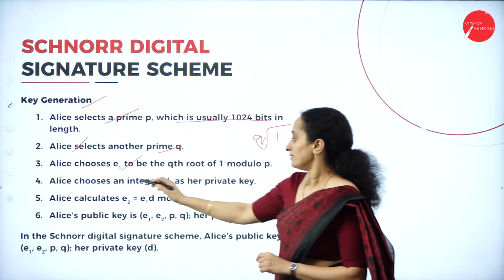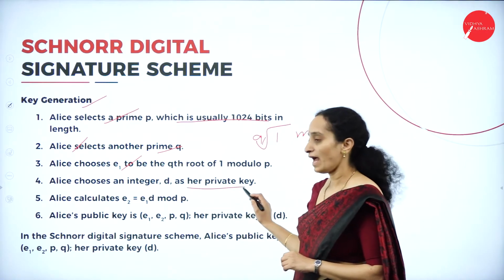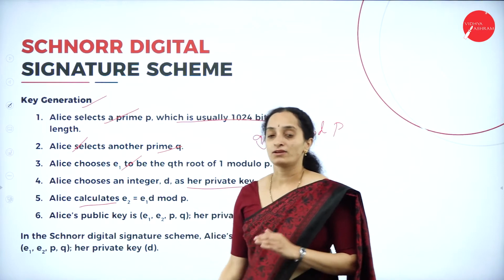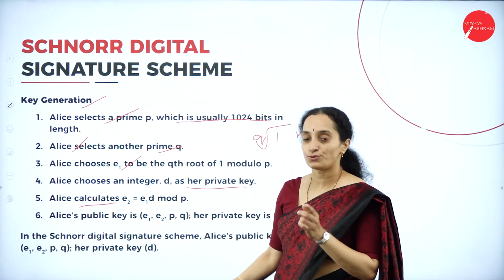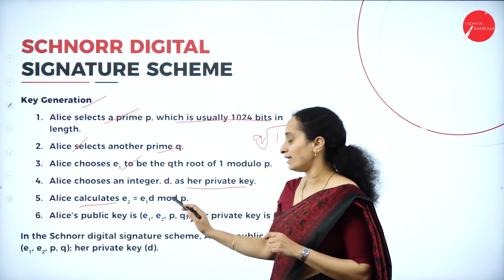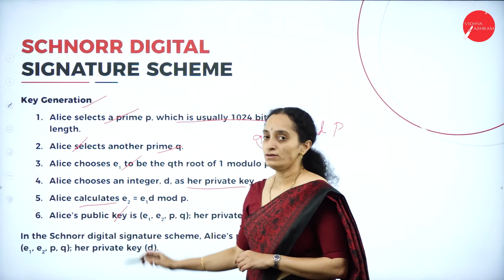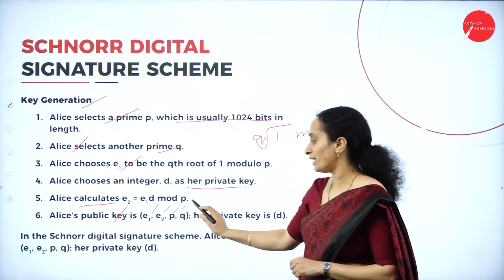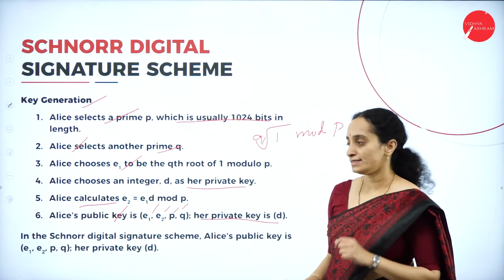Alice chooses another integer value D as her private key. Then she calculates empirical value 2, E2 equals E1 to the power D, the private key, modulo P. Now she gets the public key as E1, E2, P and Q, and the private key is D.